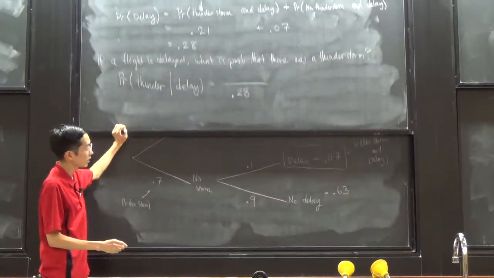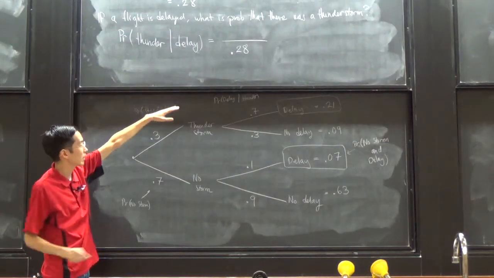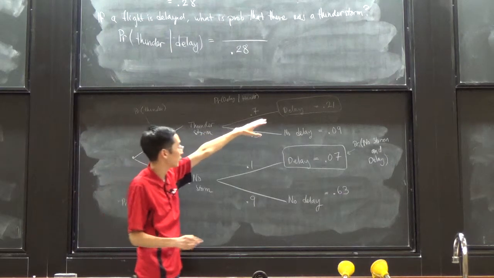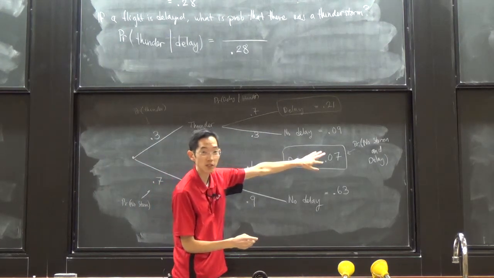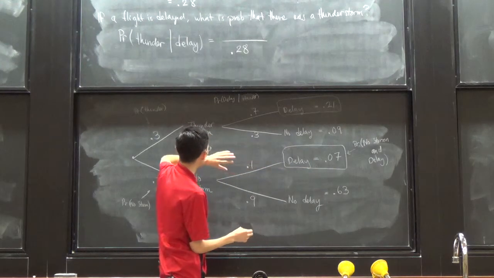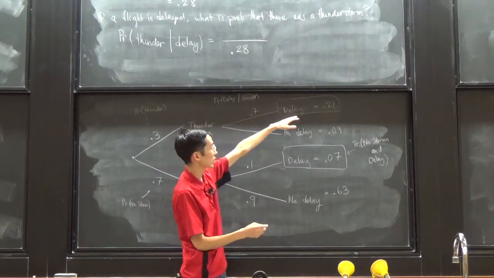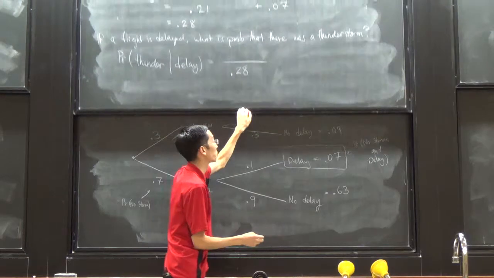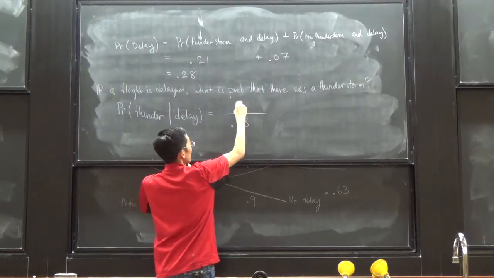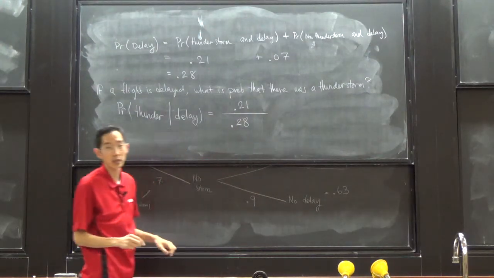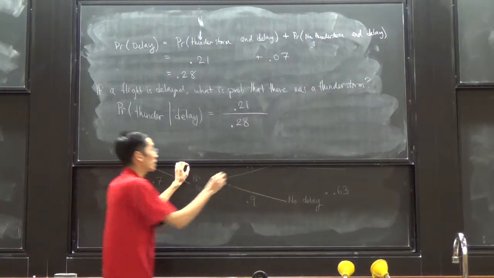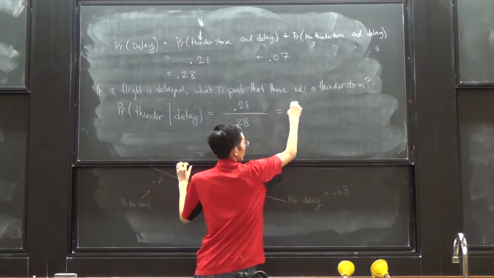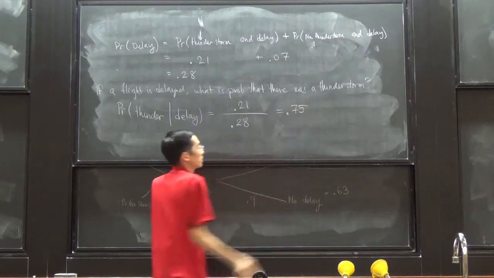And out of that, we can end up with a delay when there was no thunderstorm. That happens 0.07 of the time. And we can end up with a delay when there is a thunderstorm. That happens 0.21 of the time. So I would do 0.21 divided by 0.28. And this gives me 0.75.